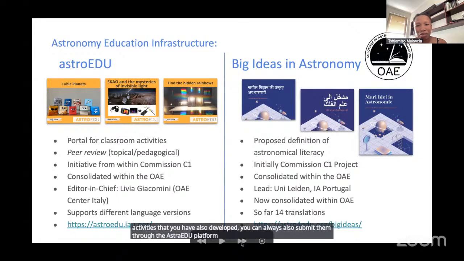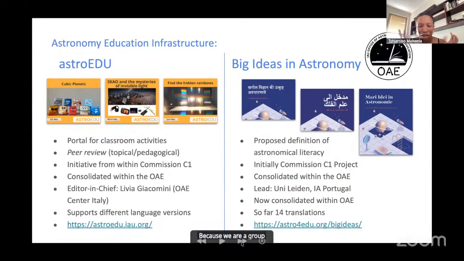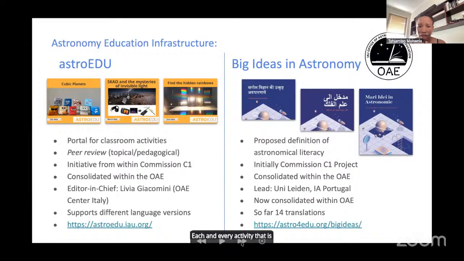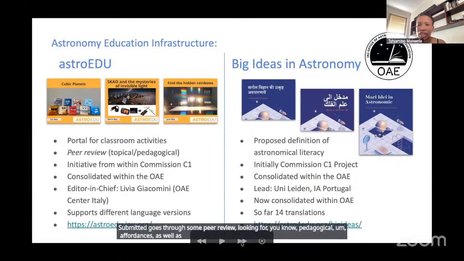But again, because we are a scientific community, everything goes through review. Each and every activity that is submitted goes through peer review, looking for pedagogical affordances as well as scientific accuracy. This is really working with a big group of people, and some people from Commission C1 as well.